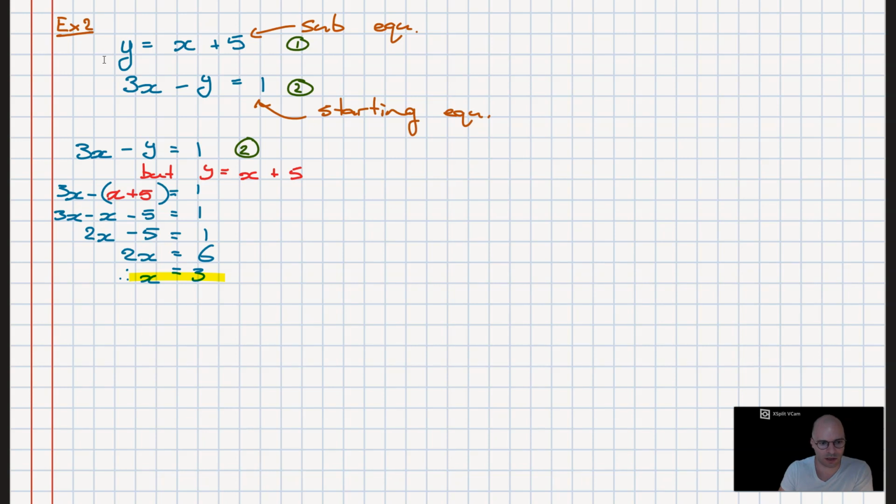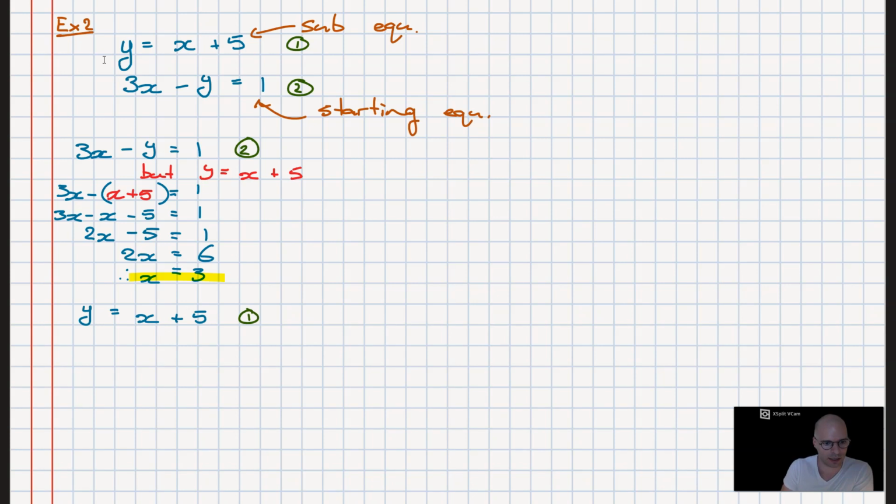So we need to start off with the equation that's going to provide the path of least resistance. In this case, it's number 1 again. So y equals x plus 5. It's equation 1.